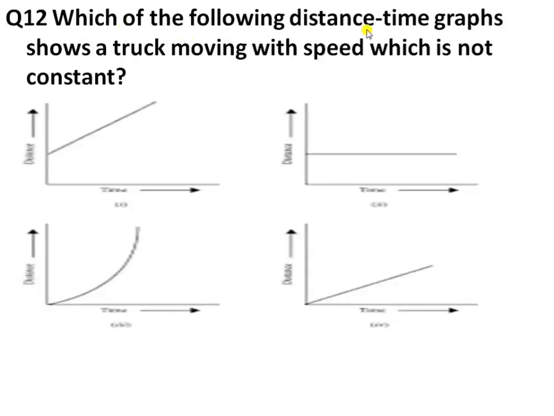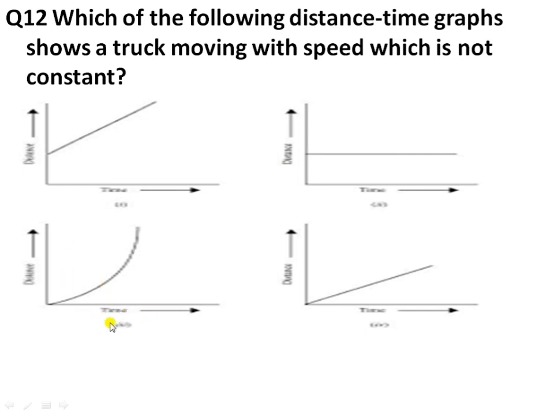Which of the following distance-time graphs shows a truck moving with a speed which is not constant? That is, the non-uniform motion. In the first graph you can easily see that the truck is moving with a constant speed, and in the second it is at rest.